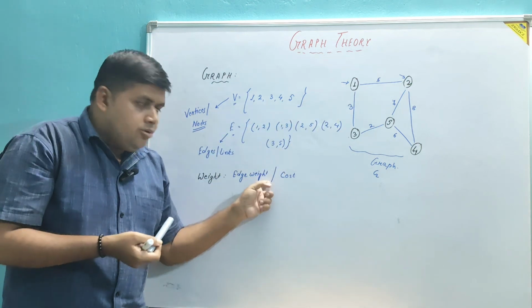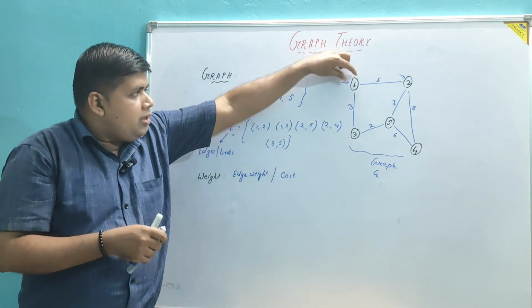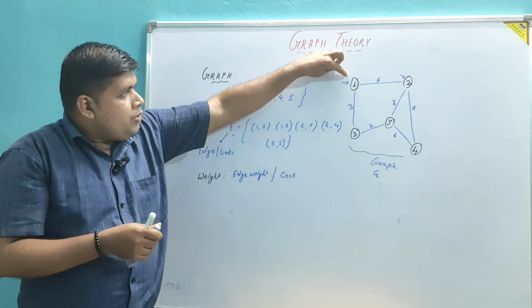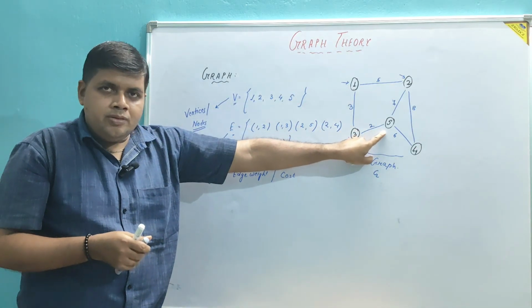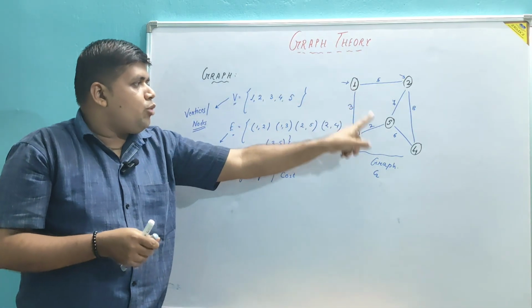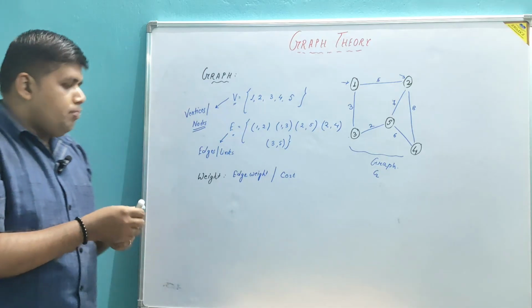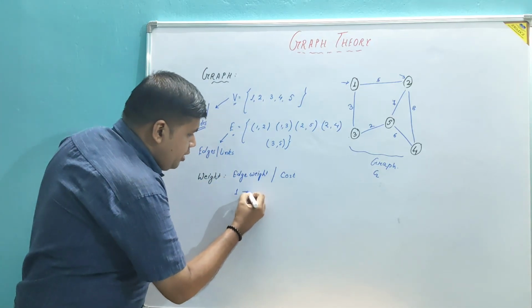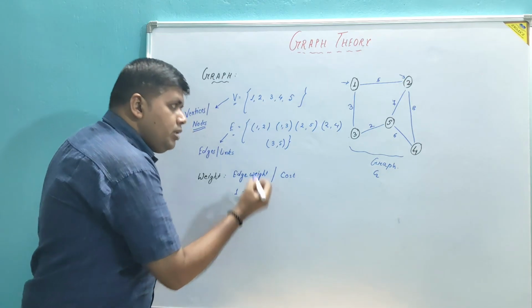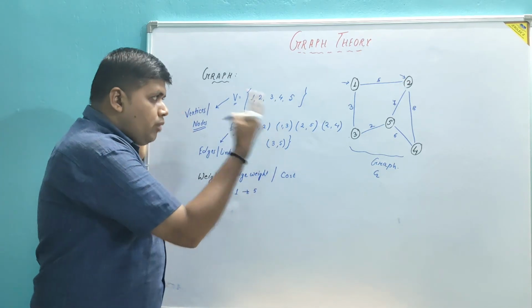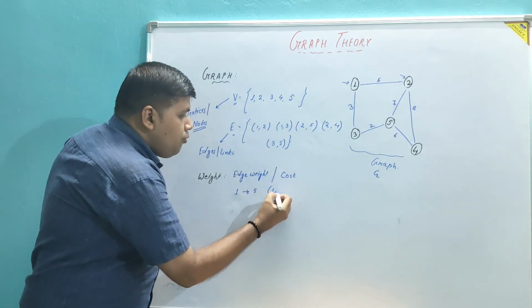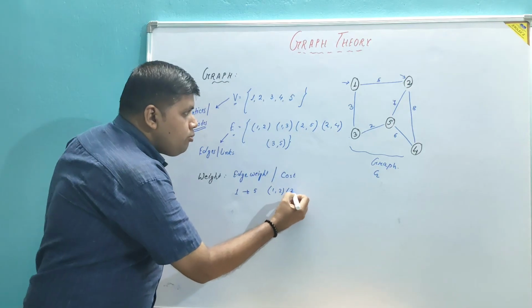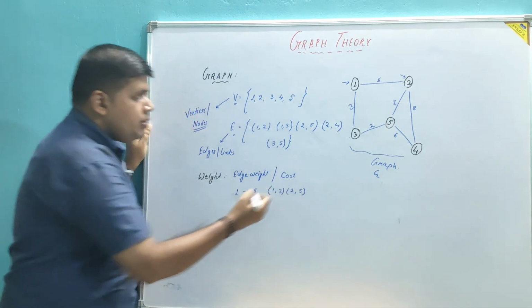Now, what is the use of this? For example, a traveler has to move from 1 to 5. What path can it take? There are many paths. One path it can take is to move from 1 to 2, then from 2 to 5.